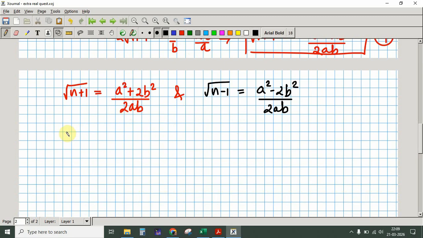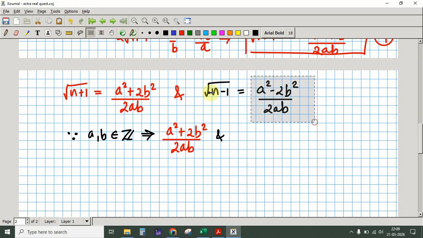Okay. Now since a, b belong to integers, which implies this combination and this combination, they both belong to the rational family.